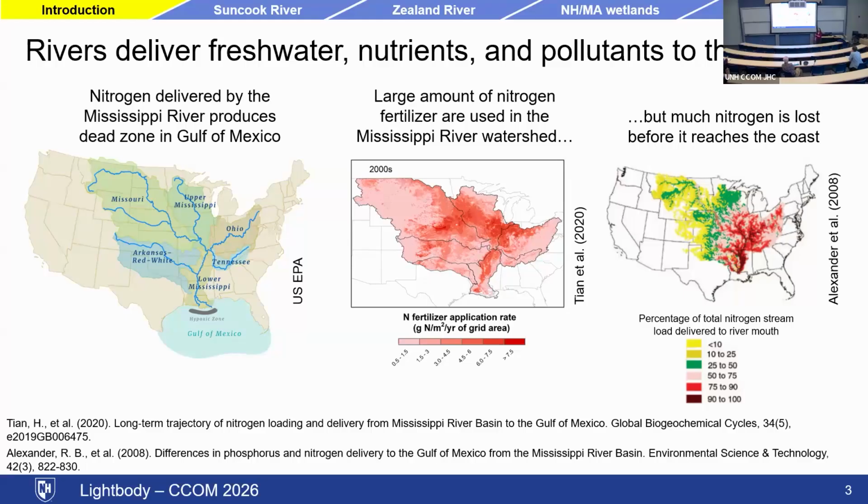That nitrogen is being processed by in-stream microbes. It's occurring both in the channel and, importantly, in the bed and banks of the channel, in the groundwater associated with it, and in floodplains and off-channel wetland areas.